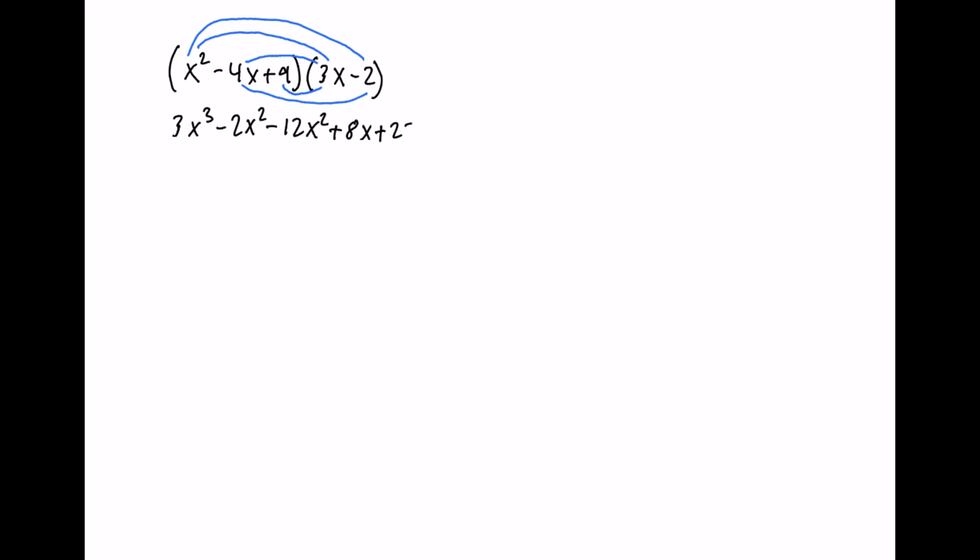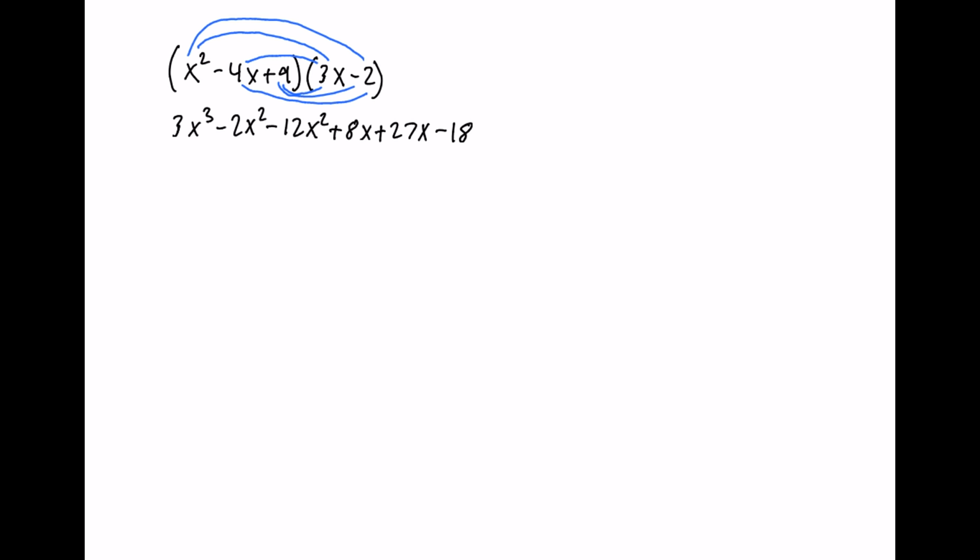So a positive 27, and then x. And then 9 times negative 2, which is a negative 18.